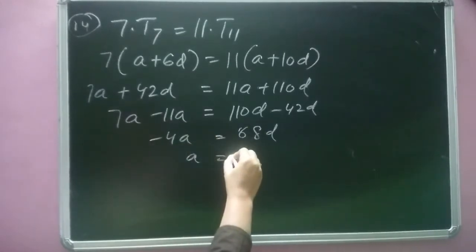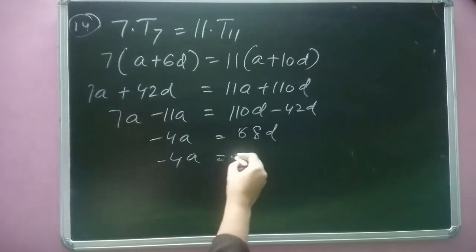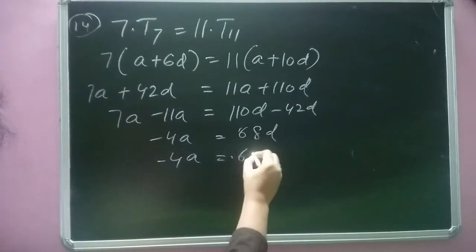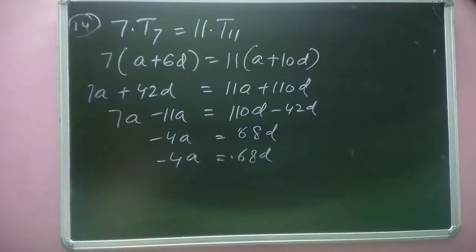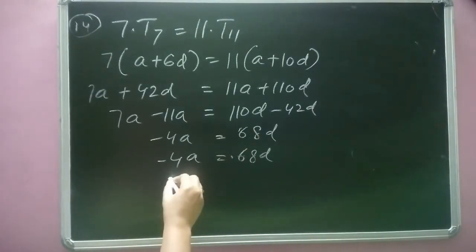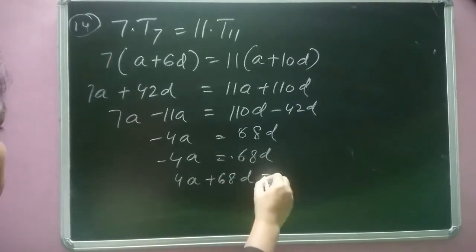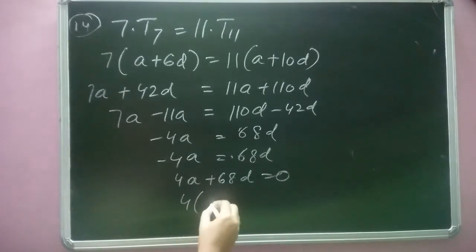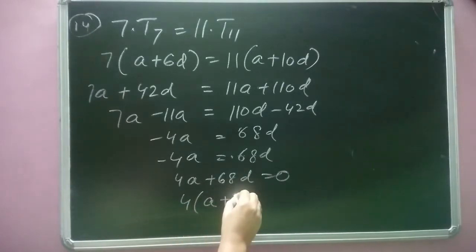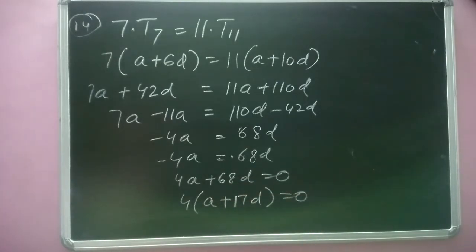Hence minus 4A equals 68D. Okay, so take 68D and 4A on one side. So 4A plus 68D equals 0. Take 4 common from both these. So A plus 17D equals 0.